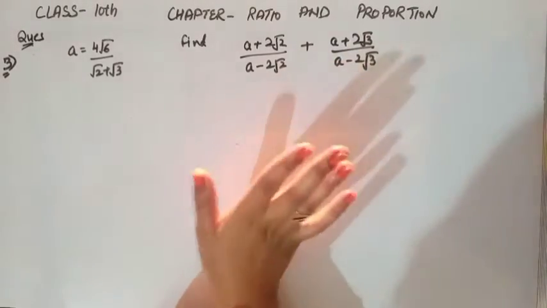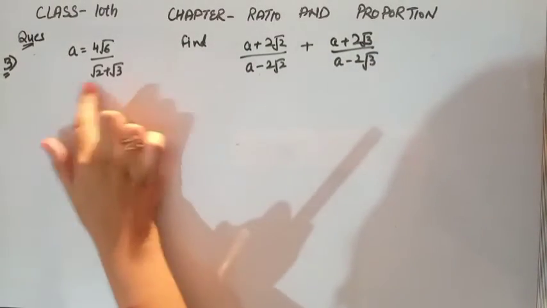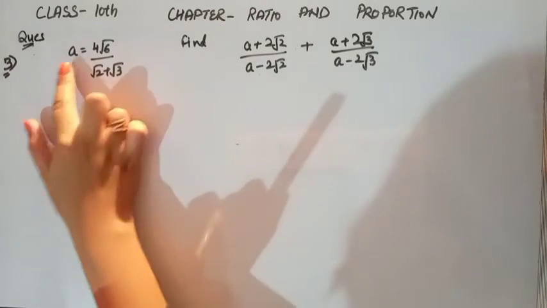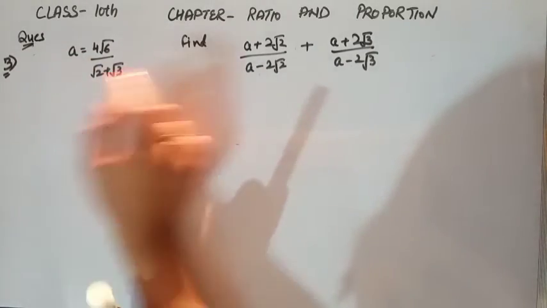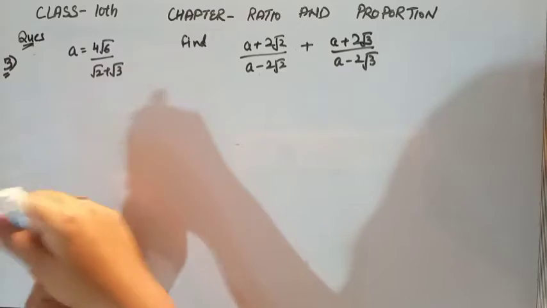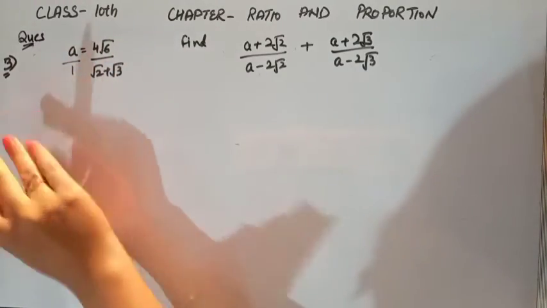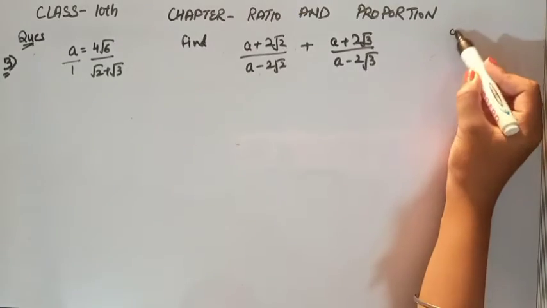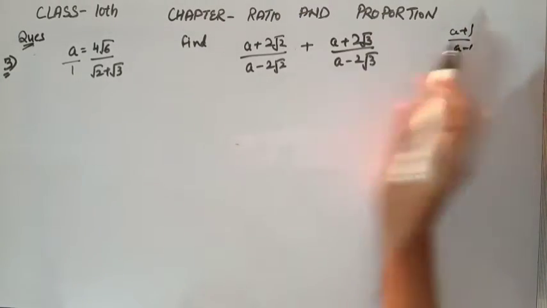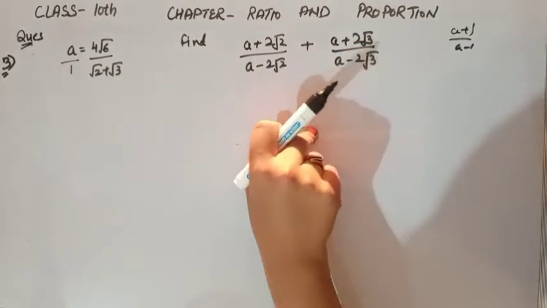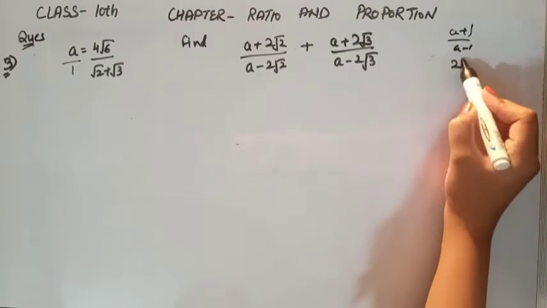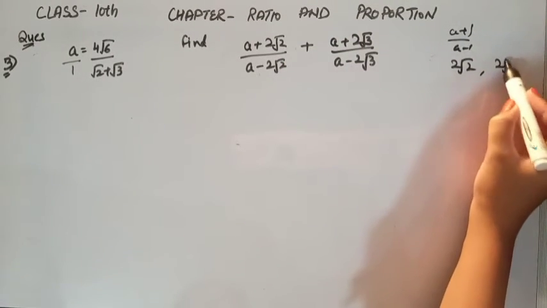Is that very much clear? So over here, what we have to apply: we can't take it as one denominator, because if we take it as one denominator and apply componendo and dividendo over here, it will result in (a plus 1) upon (a minus 1). That is not required in our answer. In our answer we require 2 root 2 and 2 root 3.